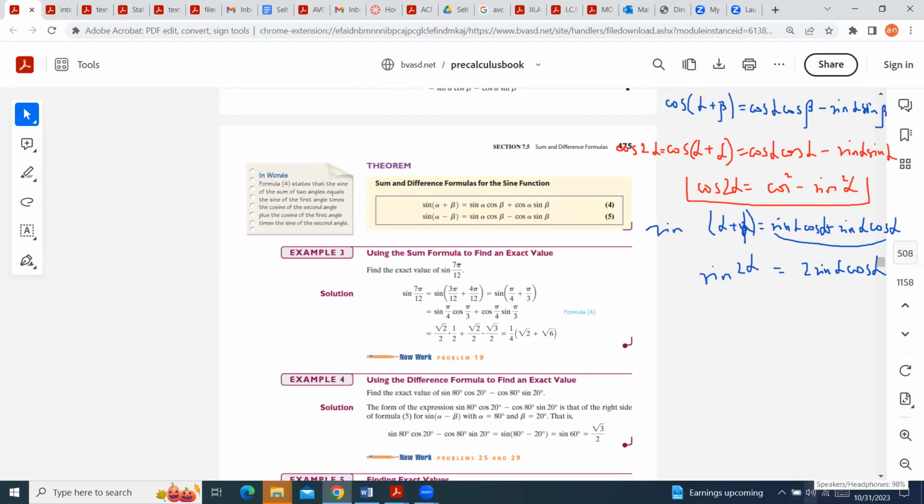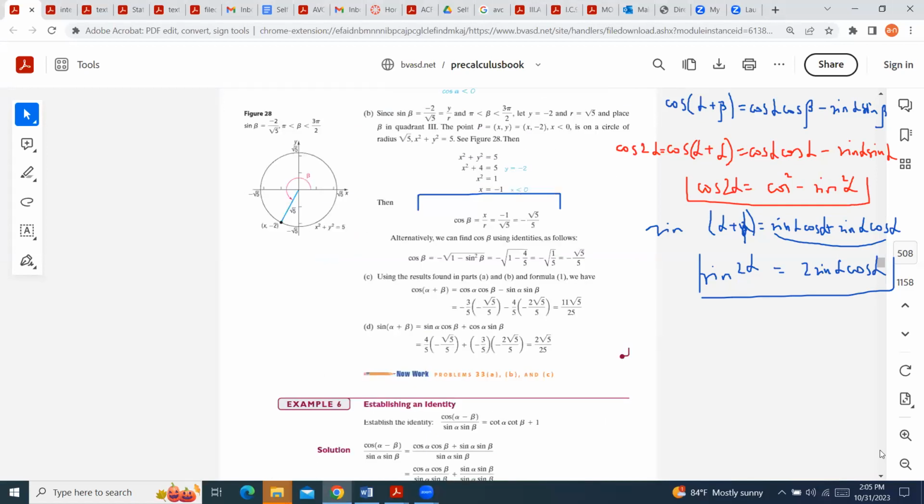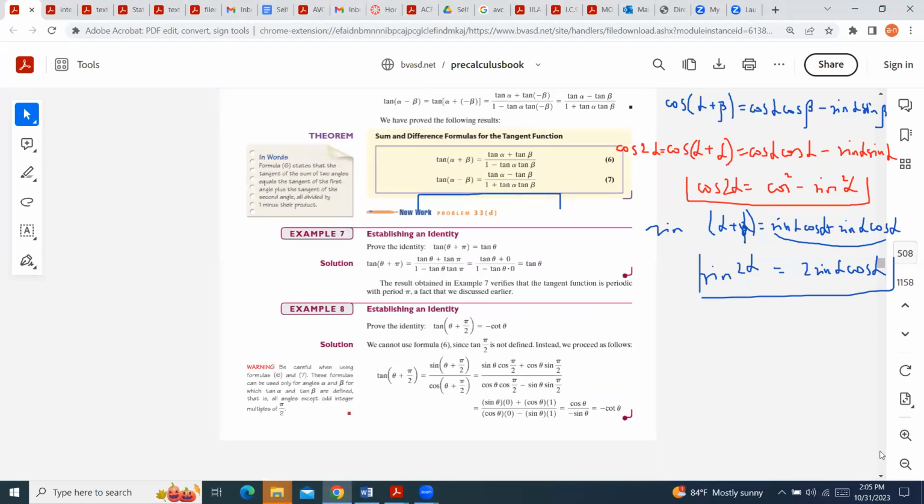Anyways, looks like the formula that I just utilized was the one here. And these are so-called double angle identities. And that's what we need to actually use in this section.